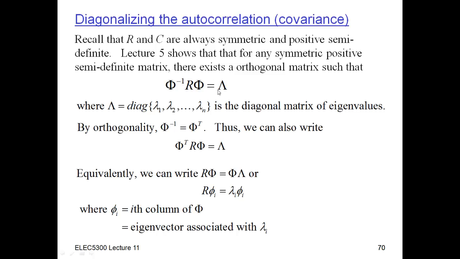This is a diagonal matrix of eigenvalues, which I'm going to assume are all positive. Since this is an orthogonal matrix, the inverse is equal to the transpose, so I can also write it this way, by replacing the inverse with the transpose. I can also write this using the eigenvalue equation as we saw earlier.